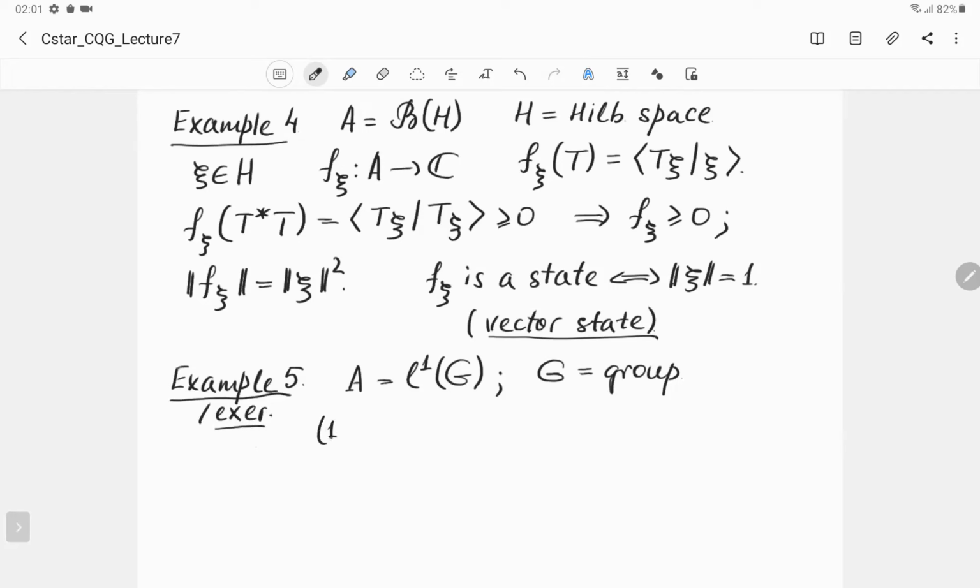First of all, consider the following functional on A, which takes each element little a to little a evaluated at the identity. So I claim that this is a state.